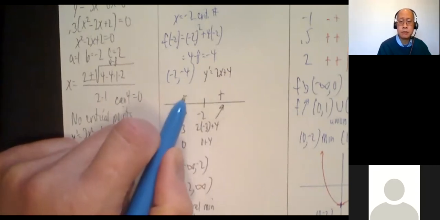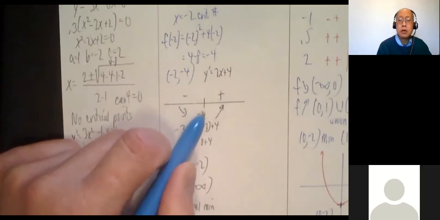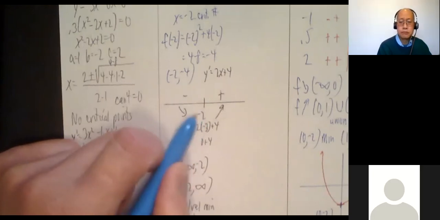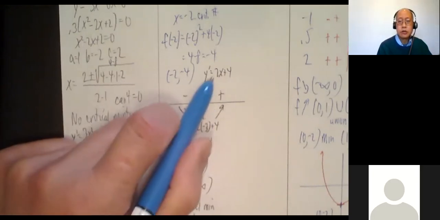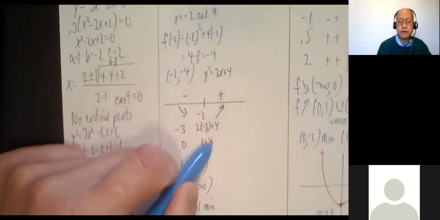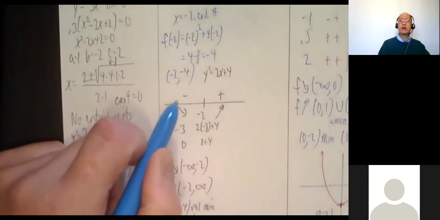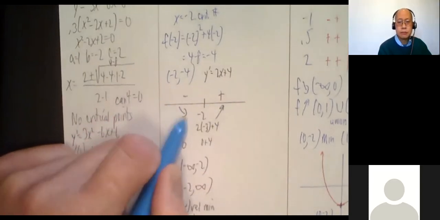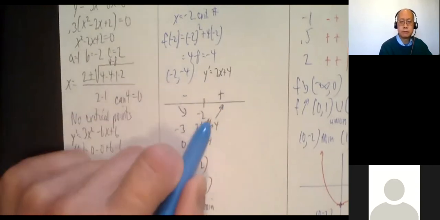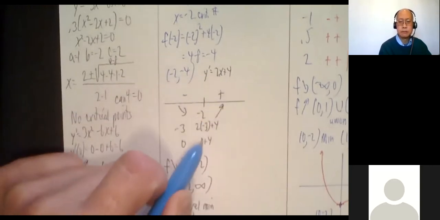Minus. What's a number bigger than -2? 0. 2 times 0, 0, plus 4, positive. Derivative negative, decreasing. Positive, increasing.